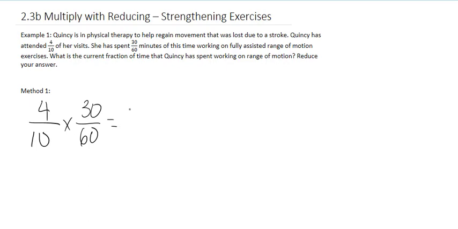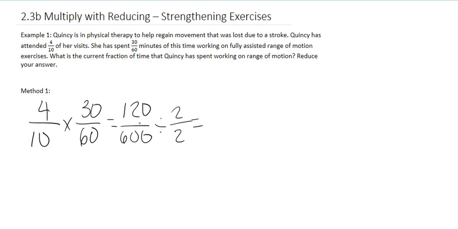So 4 times 30 is 120. 10 times 60 is 600. Now we notice that 120 and 600 can be reduced by 2 because they're both even numbers.